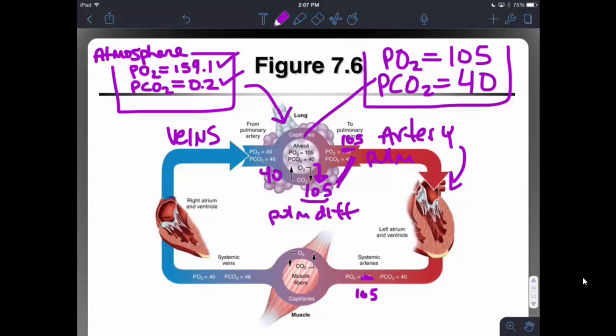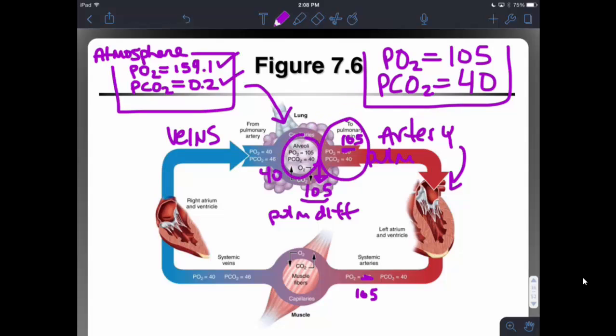So the blood that moves through the lungs is going to equilibrate with what's in the alveoli. What we end up with in the arteries is the same PO2 and PCO2 that we saw in the alveoli.